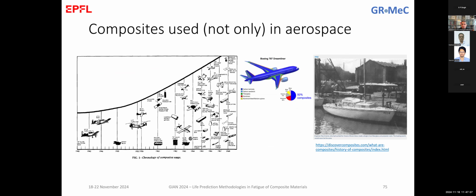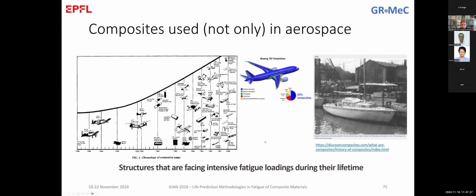So composites are used in a lot of applications, not only in aerospace. We've seen the first laser boats in the 1940s with the glass fibers introduced by Owens in the United States. And we've seen a lot of different applications.